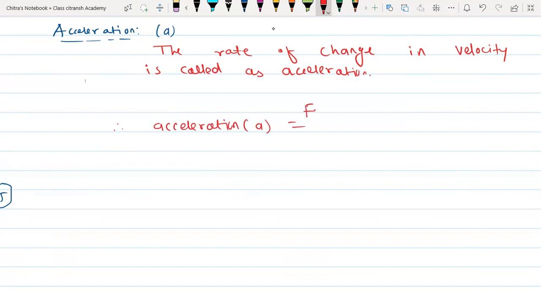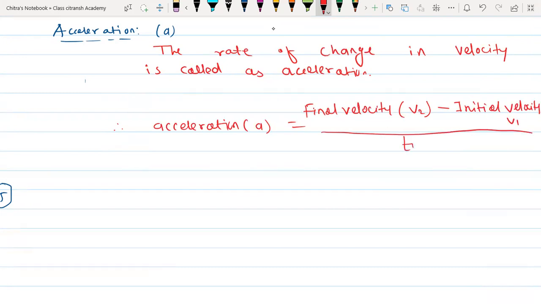Final velocity, which is v2, minus initial velocity, which is v1, divided by time, because we are considering rate here, and time is represented by t. Therefore, we can write A equals v2 minus v1 divided by t.